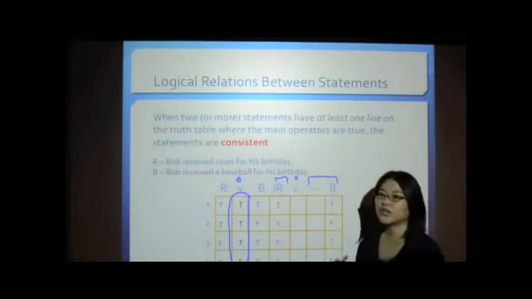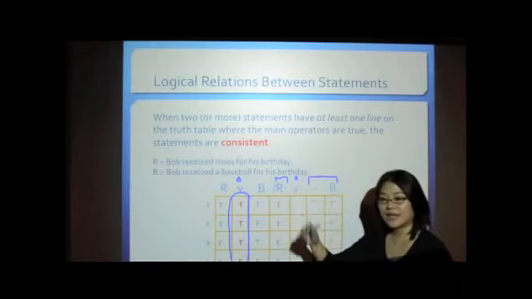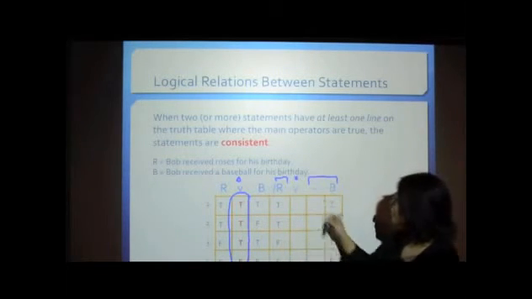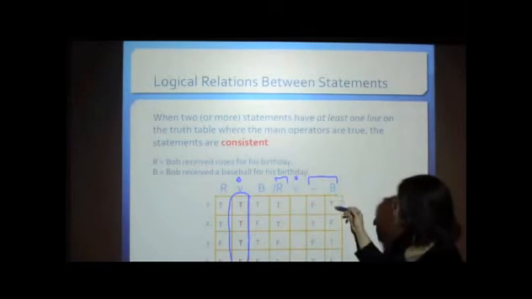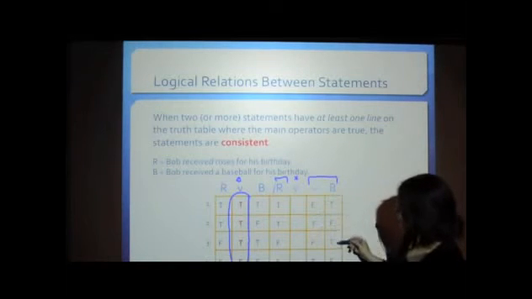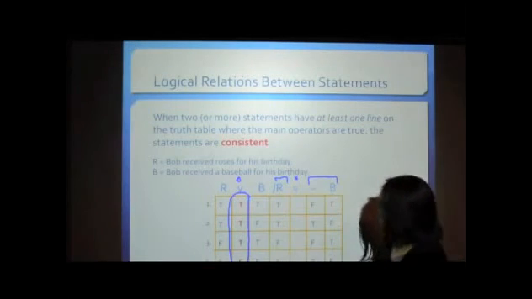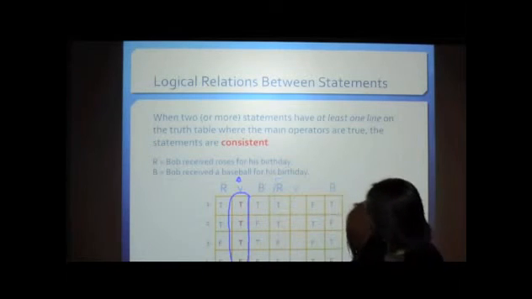So remember, the truth function for the tilde is that when a statement has a certain truth value, the tilde of that statement, the negation of that statement, will have the opposite truth value, okay? So using that rule, we will have the following truth values, okay? So where B is true, tilde B is false; where B is false, tilde B is true; where B is true, tilde B is false; where B is false, tilde B is true, okay?